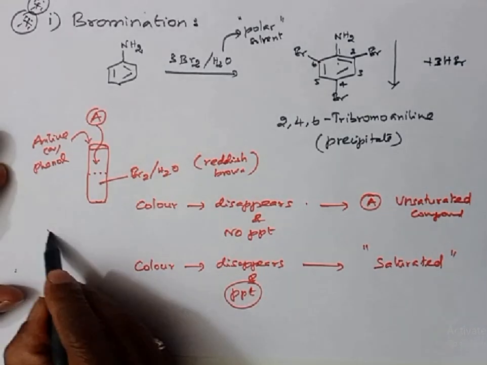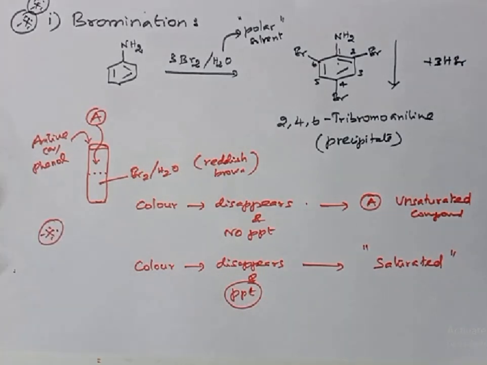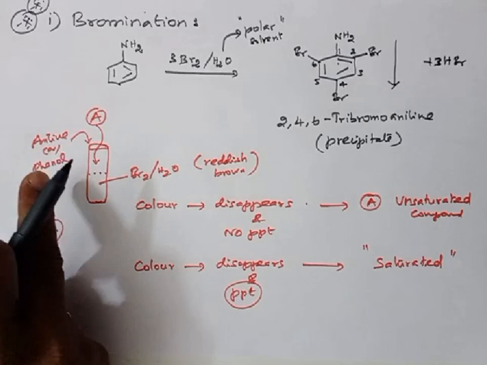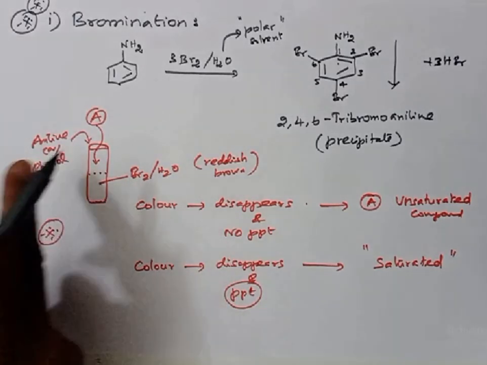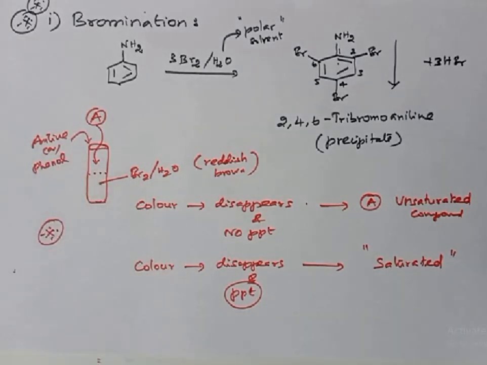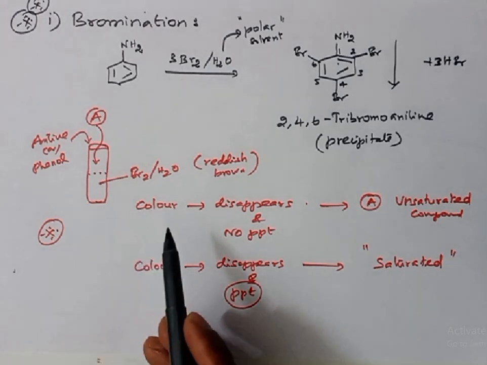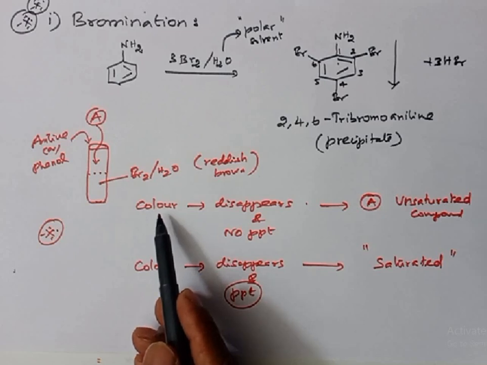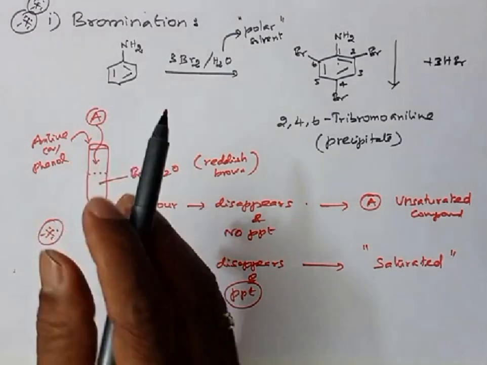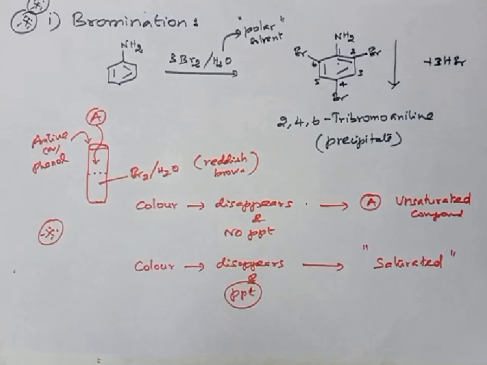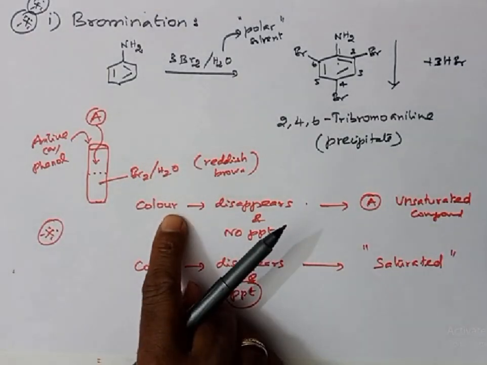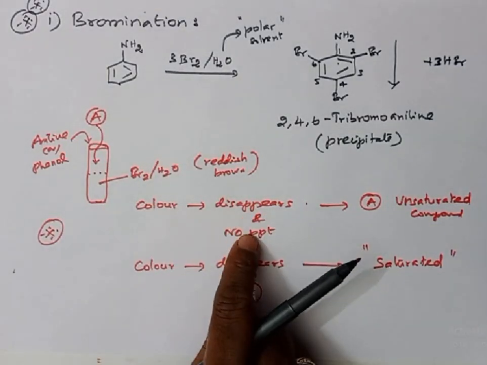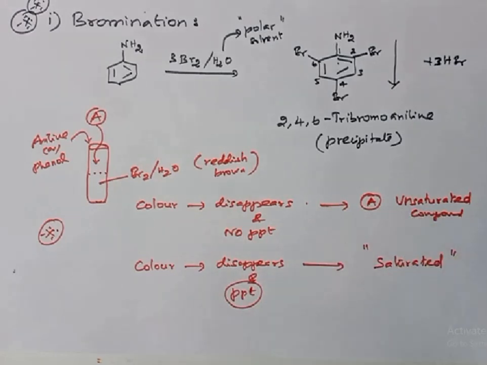And this is a very important one, because aniline and phenol are saturated compounds. They are not unsaturated. If you add any compound to bromine water and the color disappears with no precipitate, it is unsaturated.